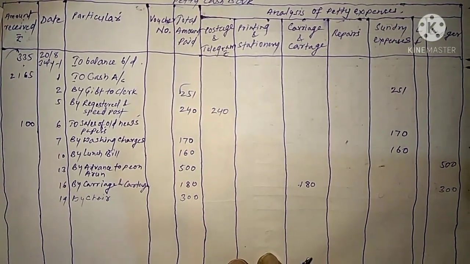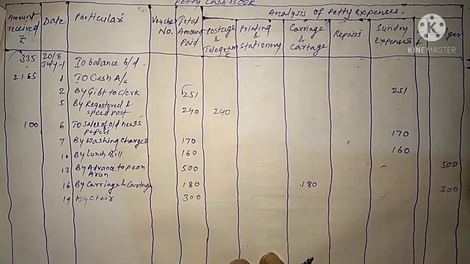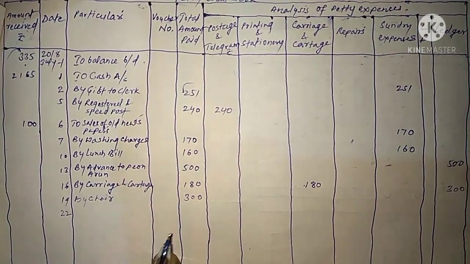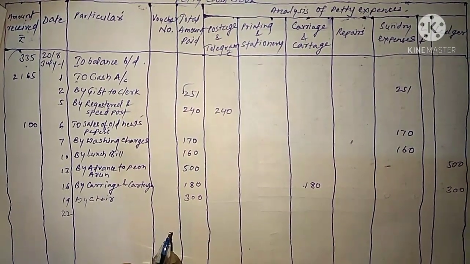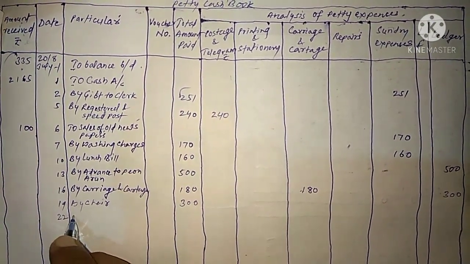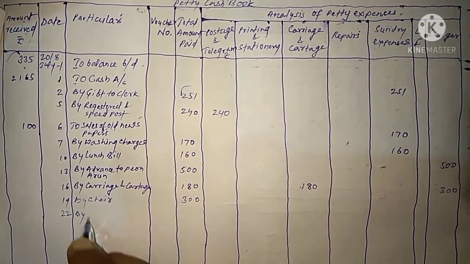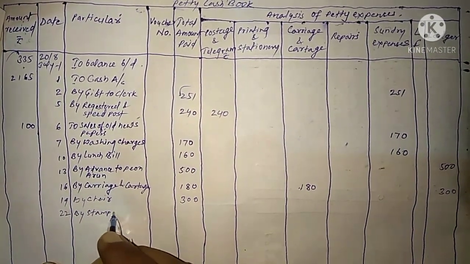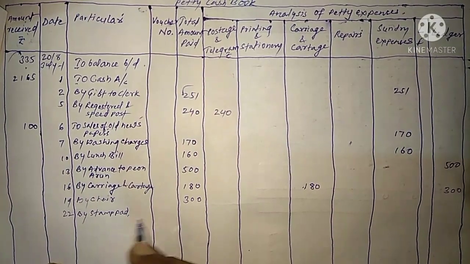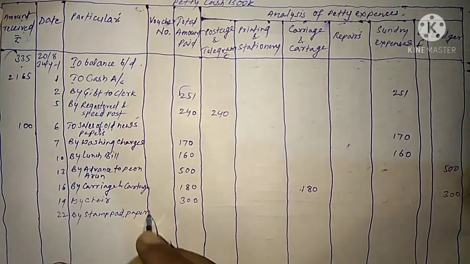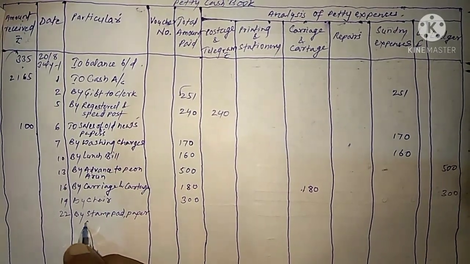And now next transaction, that is 22nd July. Purchase stamp pad, paper and pencil. So in particular we have to write by stamp pad, paper and pencil.